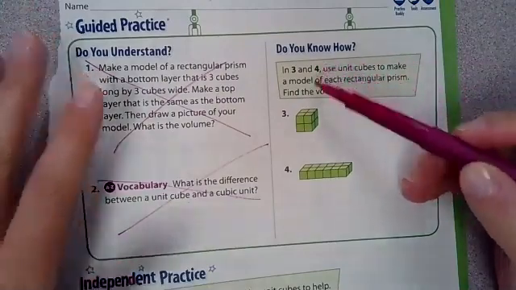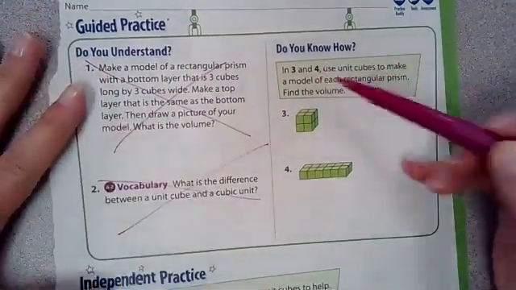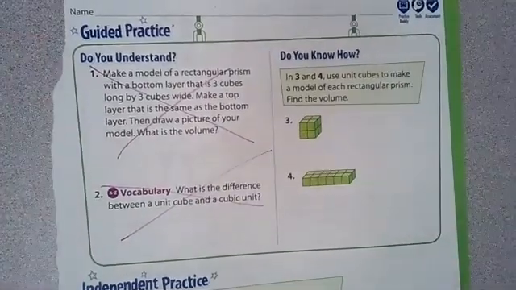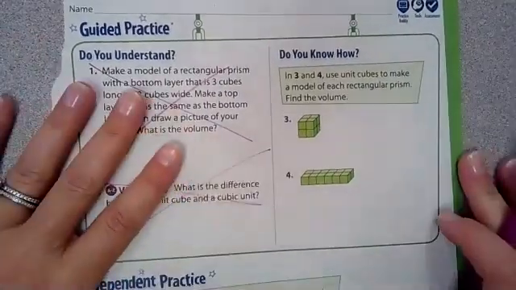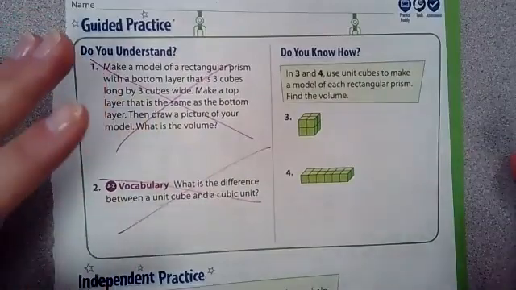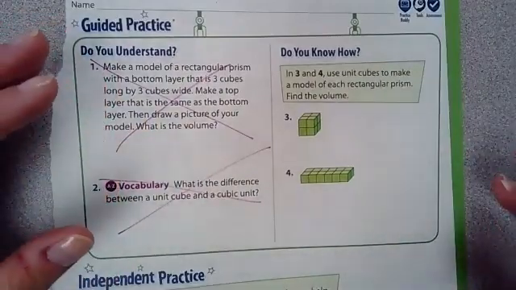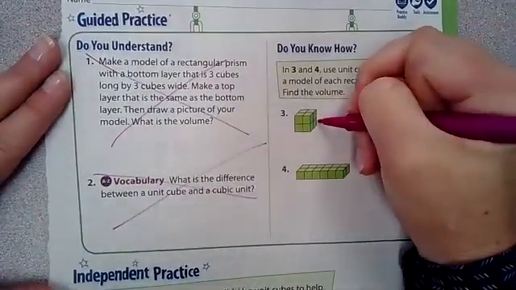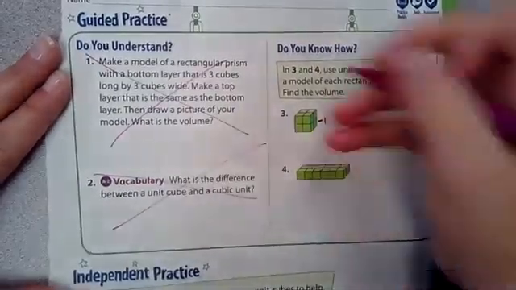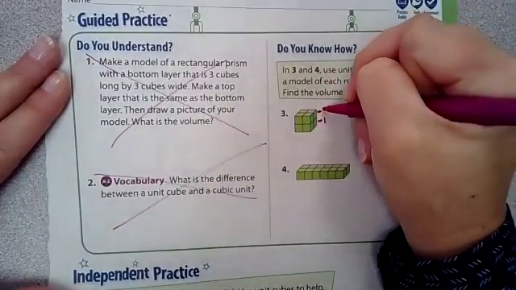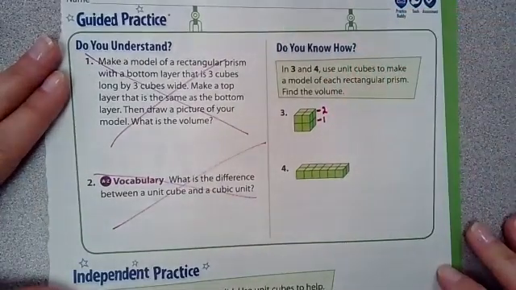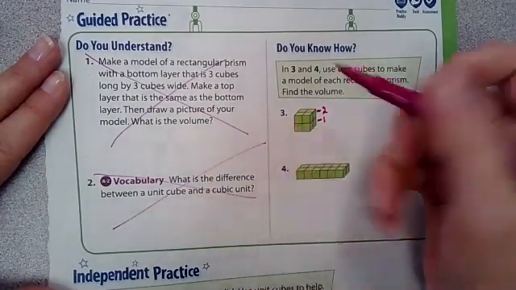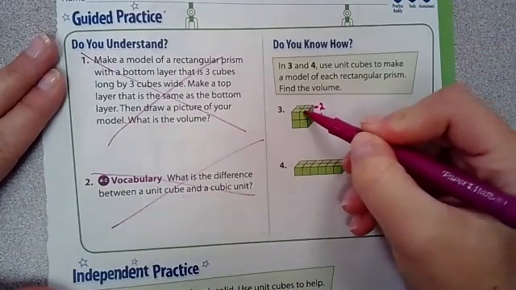Okay, so for number 3, it says use unit cubes to make a model of each rectangular prism. Find the volume. So what you're going to do is figure out volume by using layers. Think of this as a cake. It has one layer there, and another layer there, so it is 2 layers thick, and each layer is 1, 2, 3, 4.